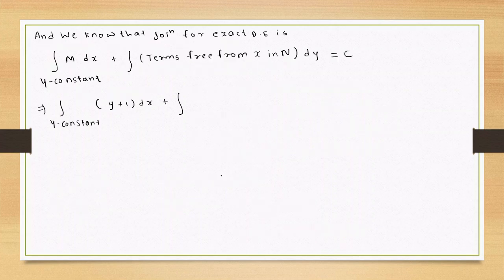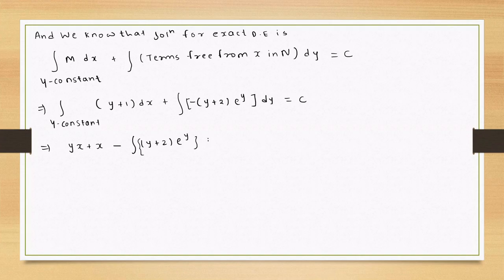So it is minus (y plus 2) e raised to y dy is equal to some constant c. Right? Okay. Now, y is treated as a constant, so this is yx plus x. Correct? Now minus integration of (y plus 2) e raised to y dy is equal to c.